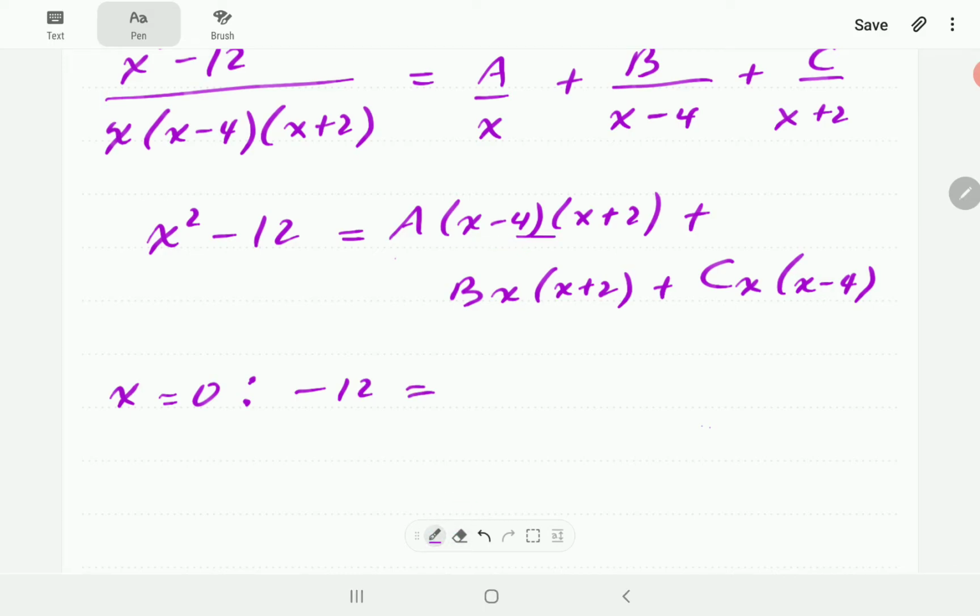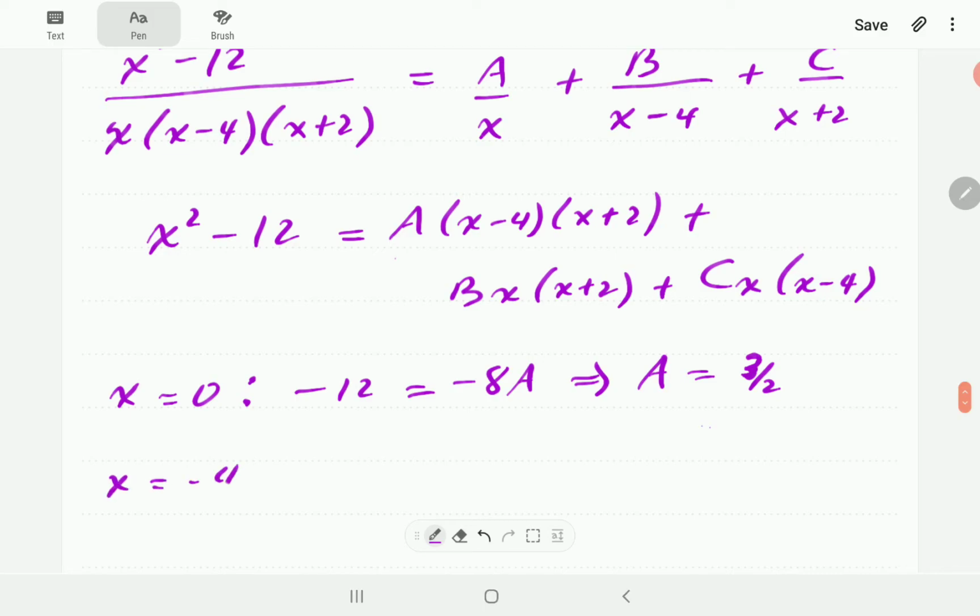The first term is negative 4 times 2, which is negative 8A. The other two terms vanish. So this tells us that A is 12 over 8, so A is 3 over 2.